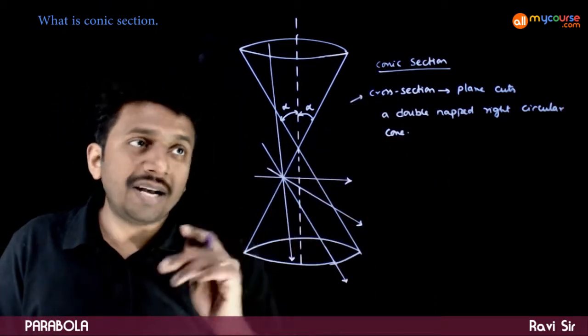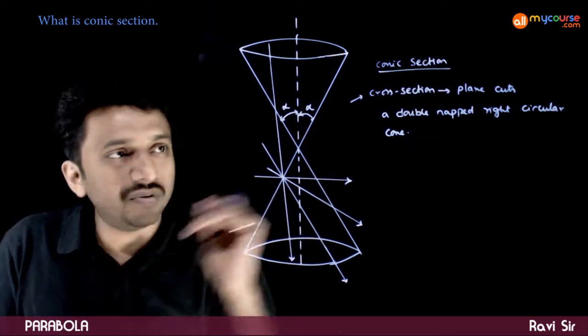For example, let us take a right circular cone which is double napped.